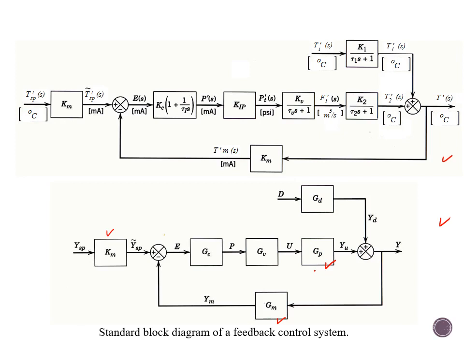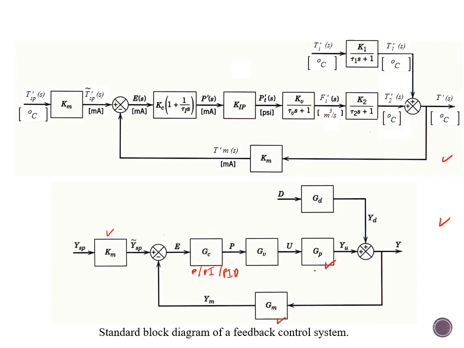GC is the transfer function for the controller. It could be P, PI or PID. So we calculate the error from the measured value and the set point, and then make a decision, and send the information to the valve.